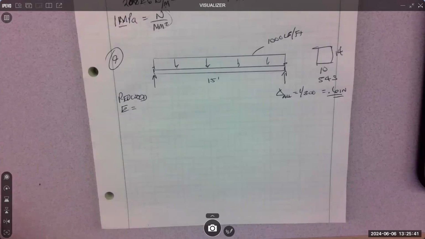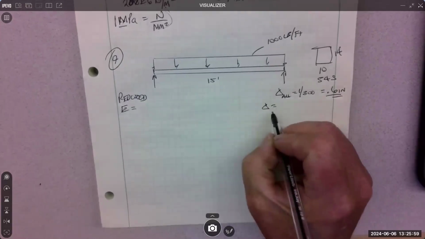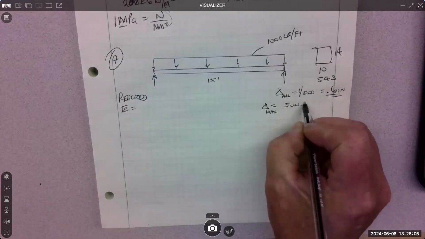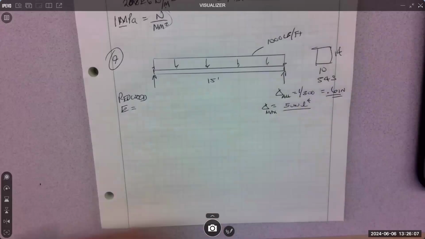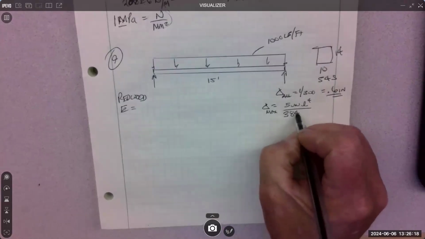Is it the very first one? Yeah, 5WL to the fourth over 384 E.